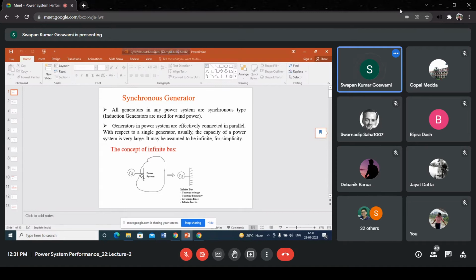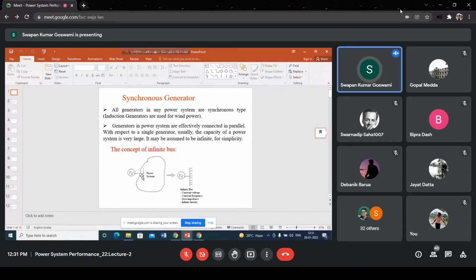It may be assumed to be infinite. Truly speaking it is very large, but for simplifying the discussion we assume it to be infinite.